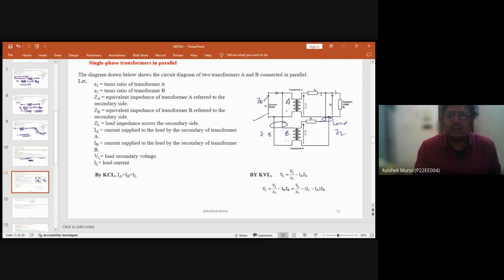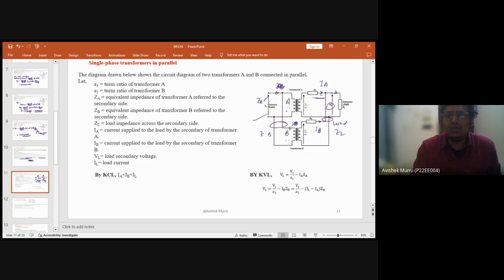IA current is flowing through here, and IB current is flowing through here. We have a load voltage VL and IL current flowing at the load side. In the picture, consider IA at the load side and IB at the load side.